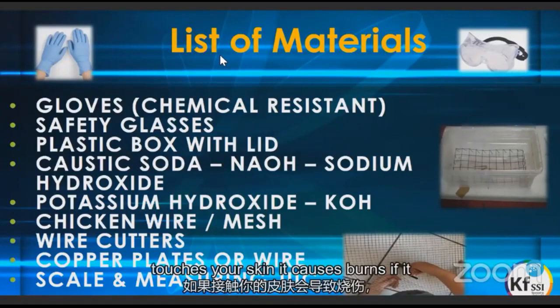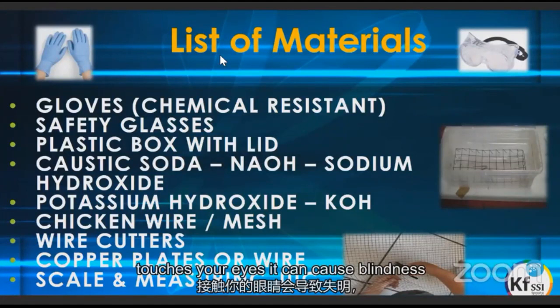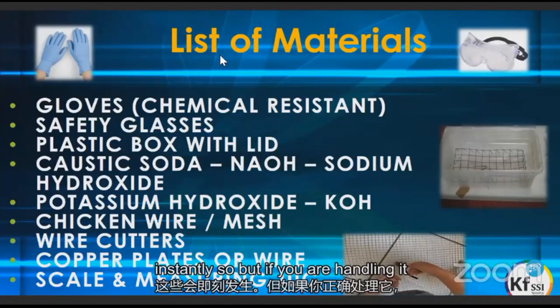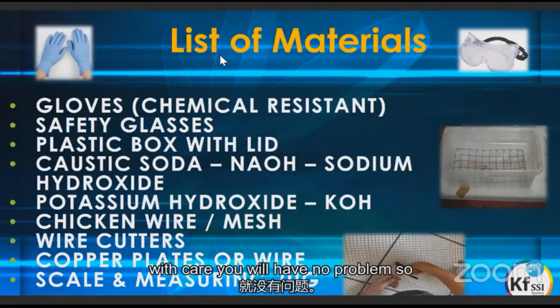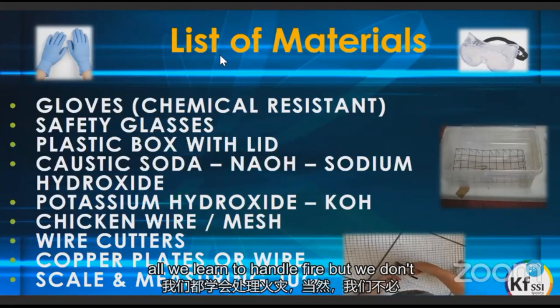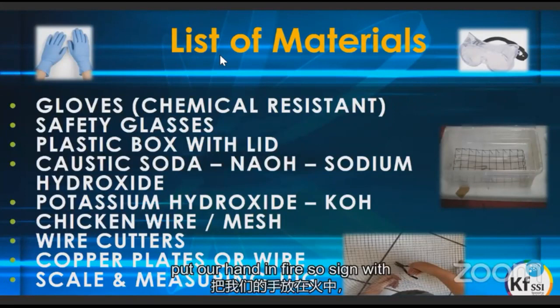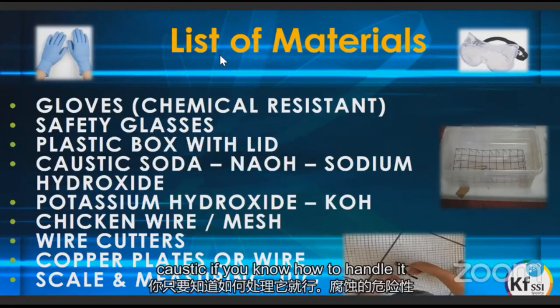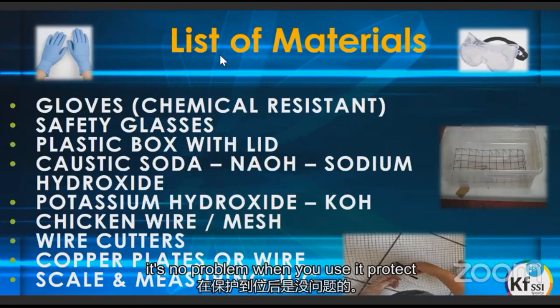If it touches your skin, it causes burns. If it touches your eyes, it can cause blindness instantly. But if you are handling it with care, you have no problem. We all learn to handle fire, but we don't put our hand in fire. Same with caustic. If you know how to handle it, it's no problem.